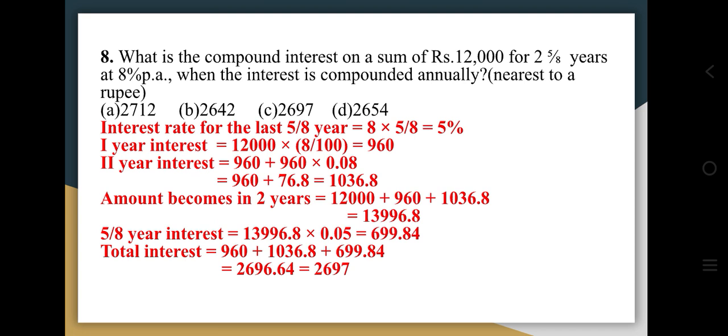So the amount 12,000 in 2 years becomes 12,000 plus first year interest 960 plus second year interest 1036.8, which is 13,996.8.